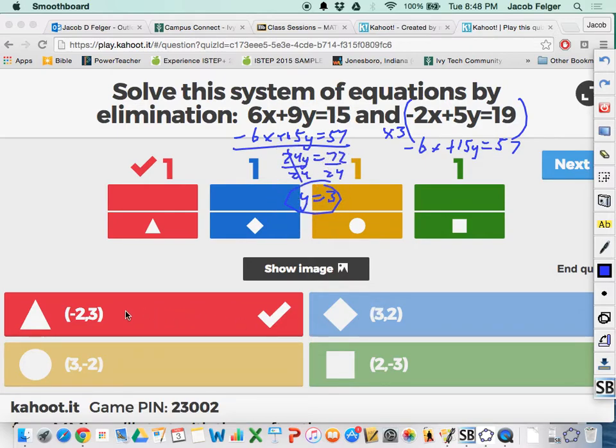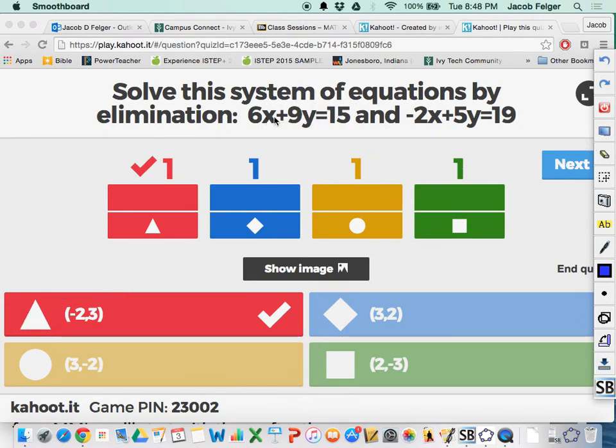That's actually the answer right there. To get your final answer, though, you plug the 3 back into one of the equations for the y and figure out what your x is. No factoring needed here. Remember, if you got 2 variables, you have to solve it using elimination, substitution, or graphing, because these are lines. It's where the 2 lines cross.